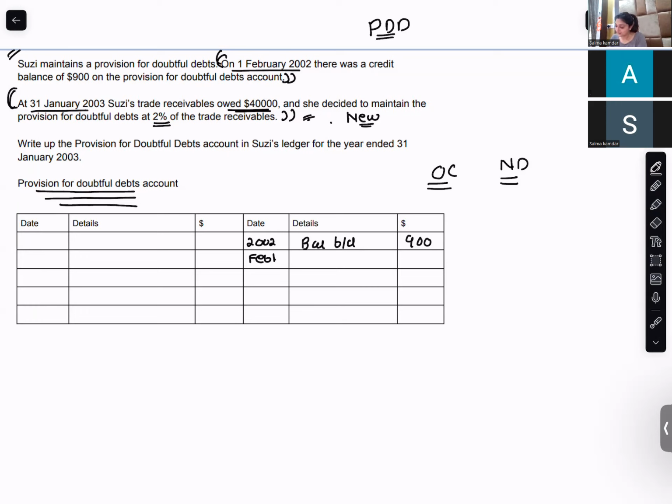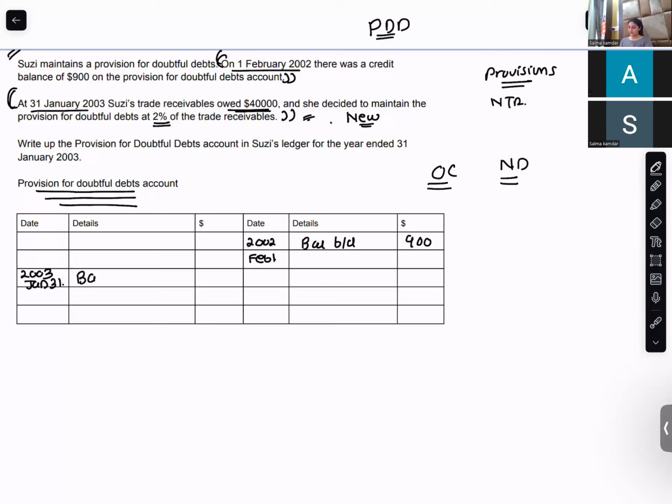So first I'll write the date, 2003 January 31st. Then we'll do 2% of $40,000. Provisions are created as a percentage of what? NTR.